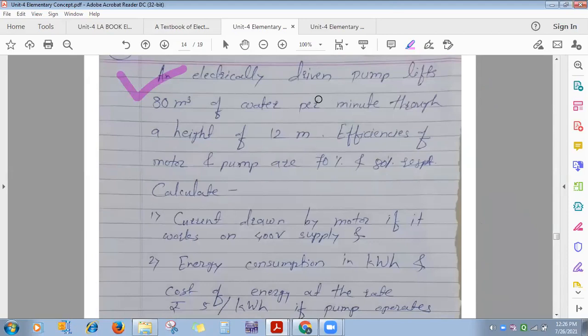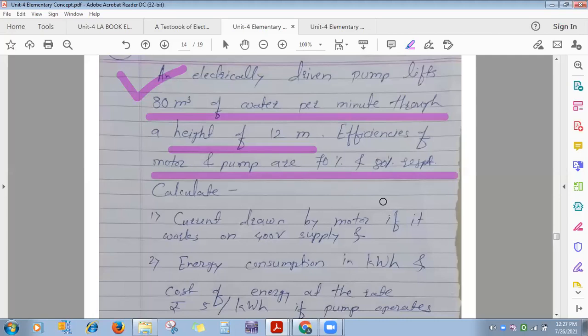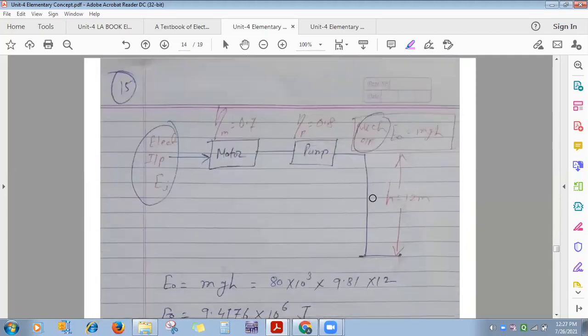See here, an electrically driven pump lifts 80 meter cube of water per minute through a height of 12 meter. Efficiency of motor and pump are given as 70 and 80%. This is the arrangement, and this type of numerical gets asked. Everyone concentrate. Motor pump assembly is there.